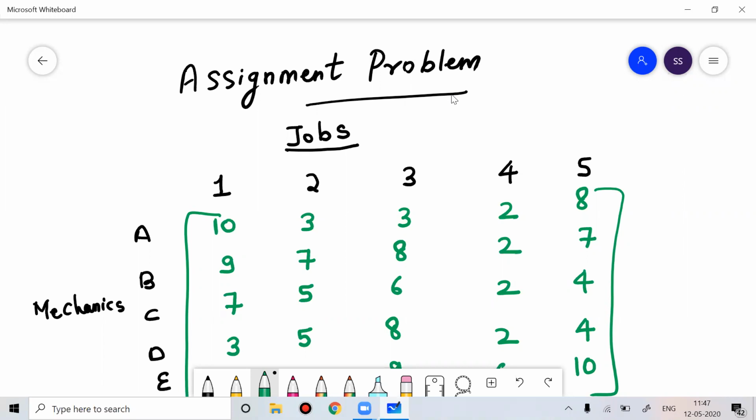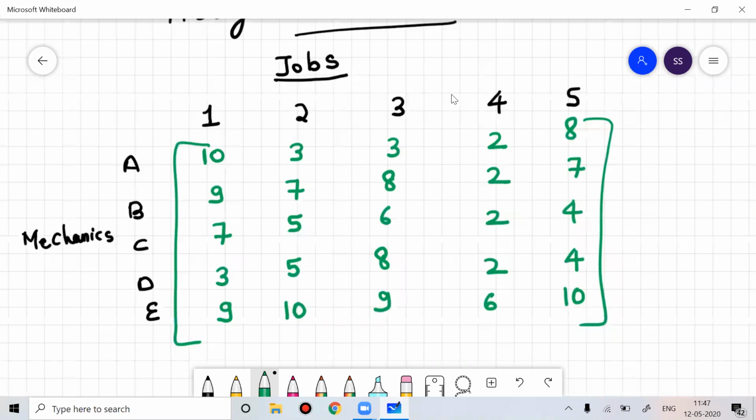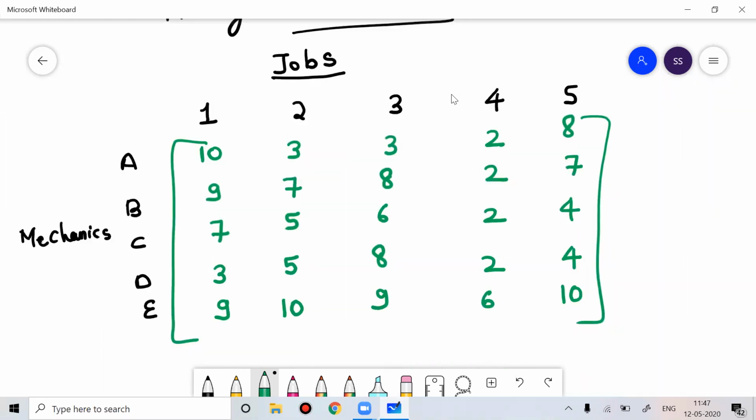Any mechanic can do any job. You can play that kind of game: suppose mechanic A does job 1, mechanic B does job 2, mechanic C does job 3, mechanic D does job 4, and mechanic E does job 5. You can assign randomly, that doesn't matter, but that way you will not get the optimal solution.